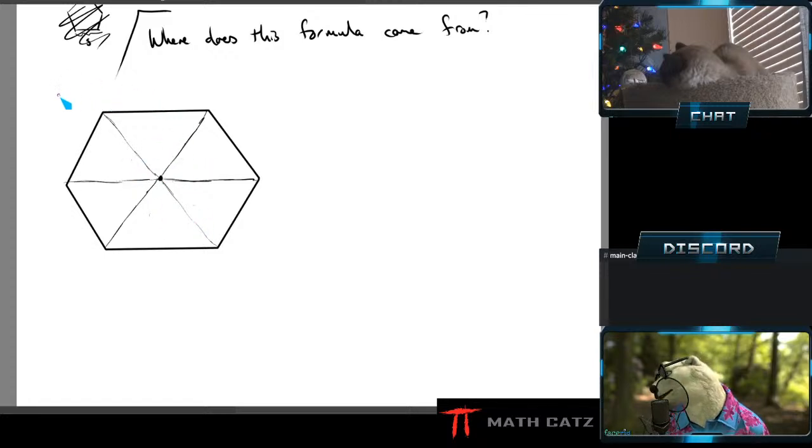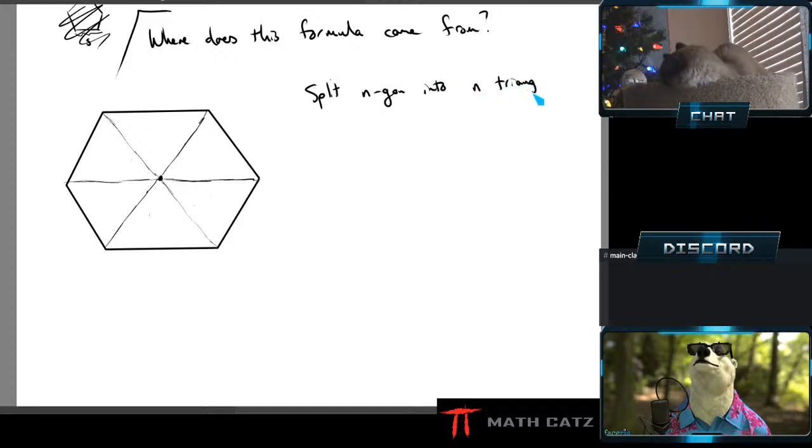And I can split my n-gon into n triangles, all the same, and we call it congruent. They're exactly the same triangle, which means they'll have the same area.